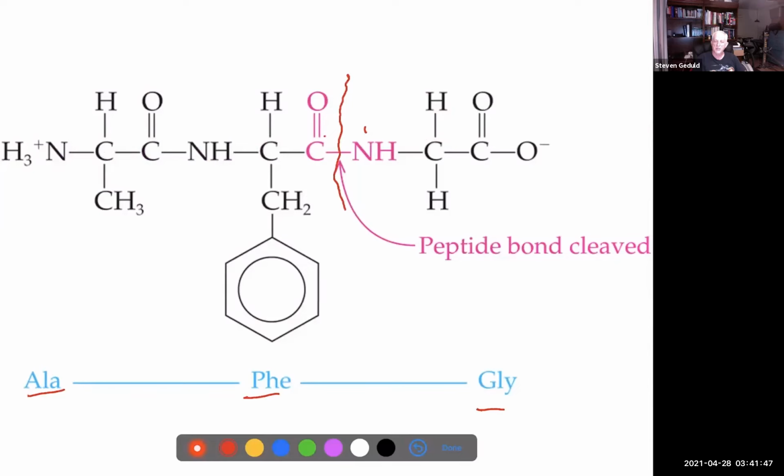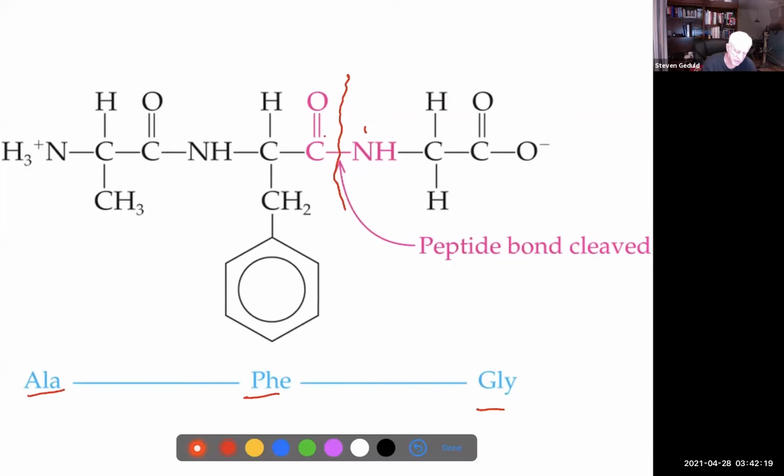This one cleaves phenylalanine at the carbonyl carbon. It cleaves hydrophobic amino acids at the carbon terminal. Phenylalanine is a hydrophobic amino acid. It's nonpolar, and it's going to cleave it at the carbon terminal.